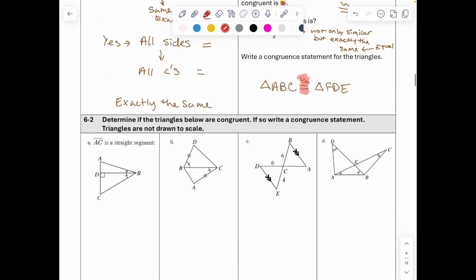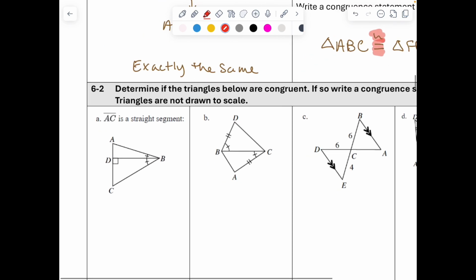All right, we're going to determine if these triangles are congruent and then write a congruent statement if they are. So these triangles are similar by angle, angle. We've got our two angles there, and those are both 90-degree angles, right? So they do have angle, angle similarity.